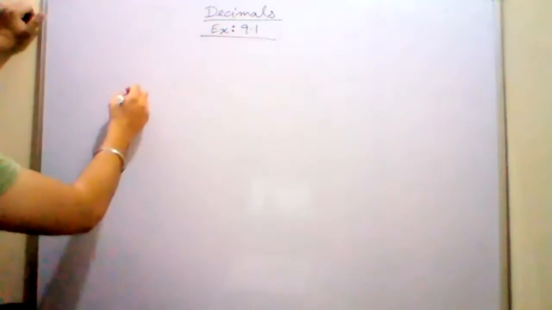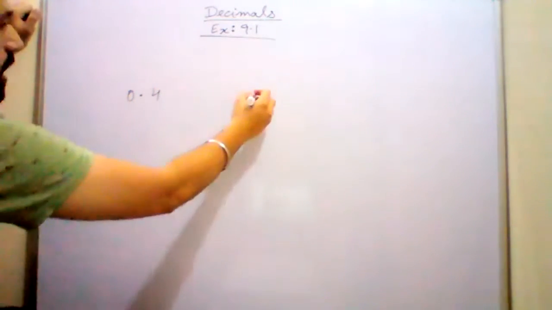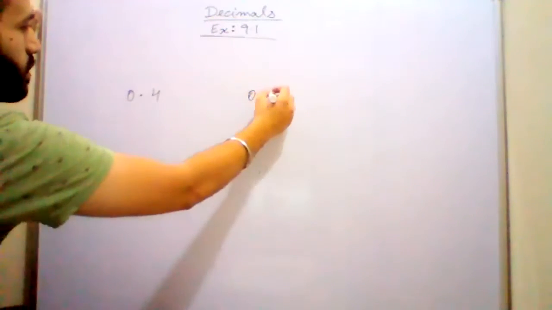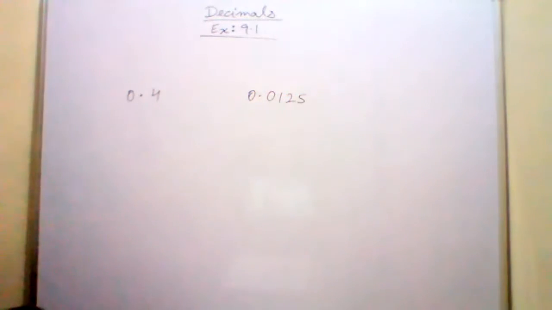Just an example to make the concept clear. So I'm writing two numbers here, 0.4 and 0.0125. These are the two numbers.